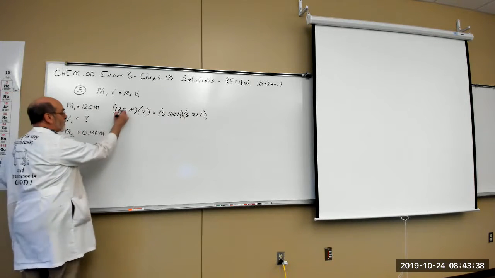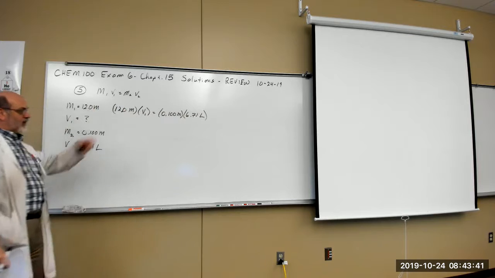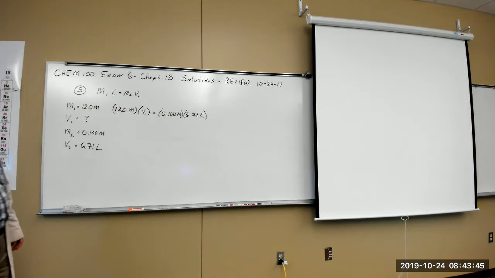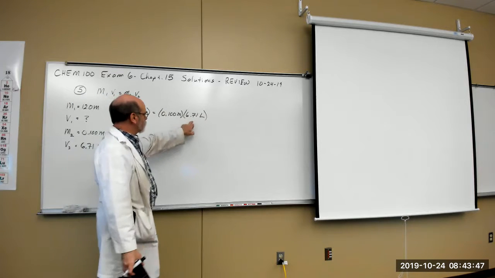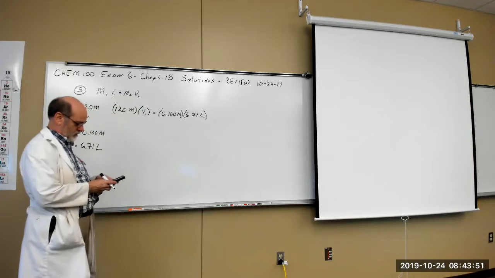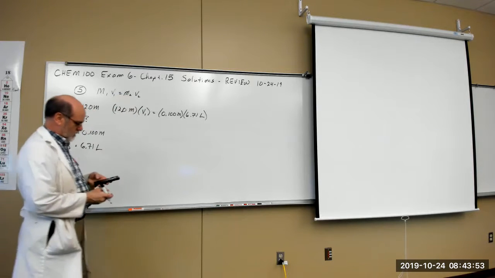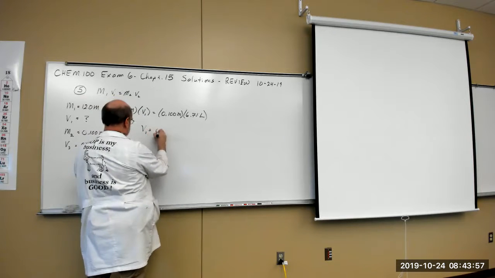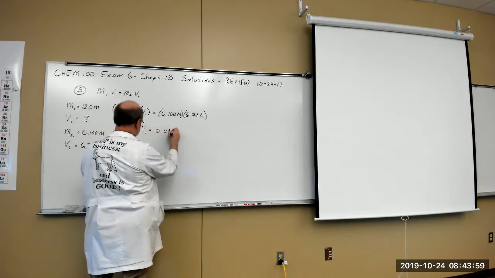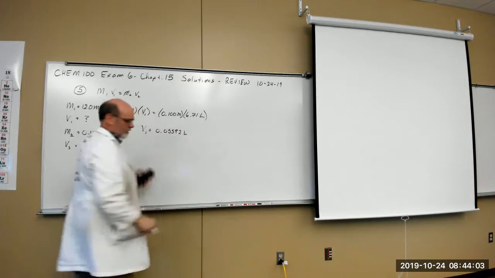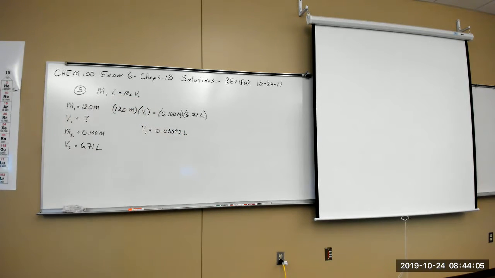Now that we put everything in its proper place, it's just crunching numbers, right? So we would say this times this, which would be 0.671 divided by 12. And I get 0.05592 liters. Let's see, is the problem answer in liters?